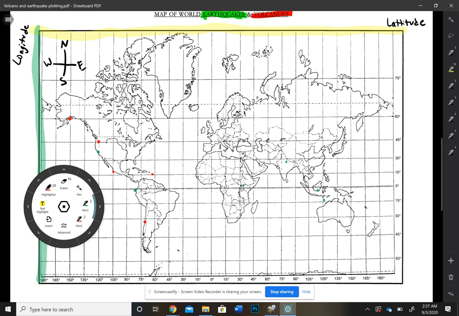Next is 44 north, 74 west. That's right there. Okay. 30 south, 70 west.